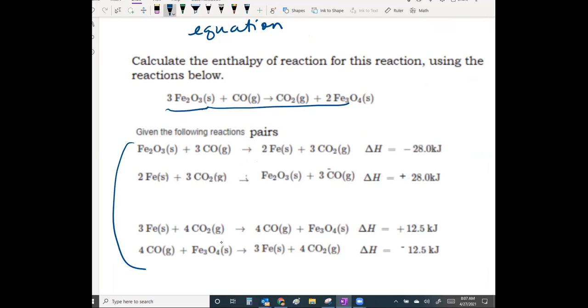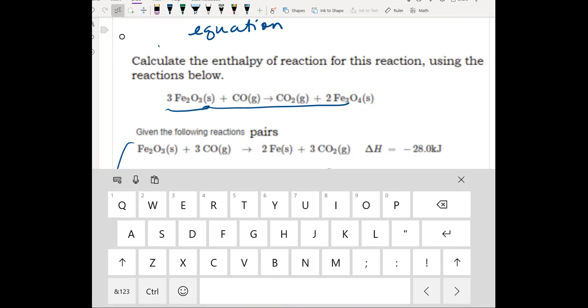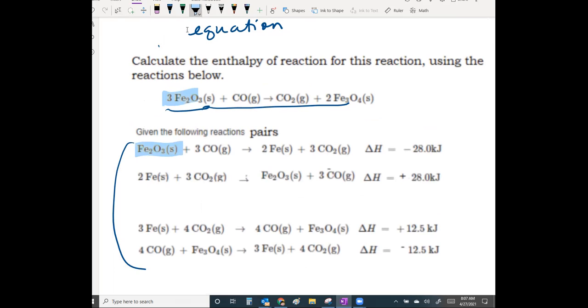So we go through and we find Fe2O3, Fe2O3, is here. So this is the equation we're going to use because there is Fe2O3 on the product side, but we're not going to use that one.